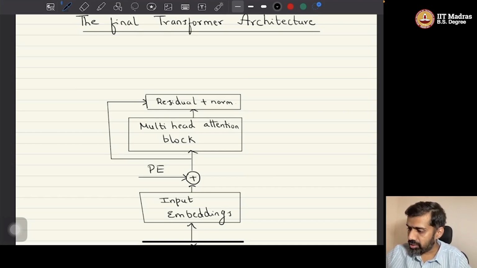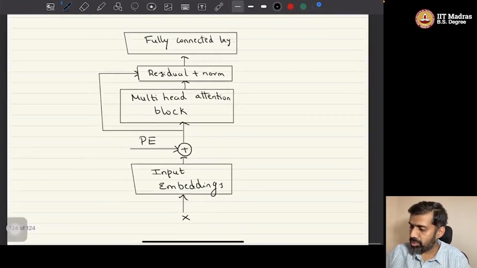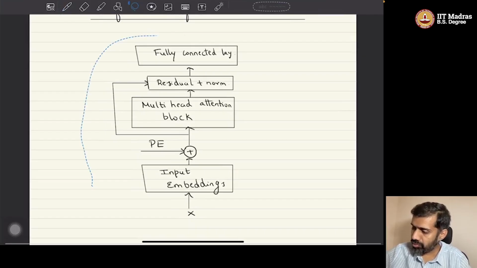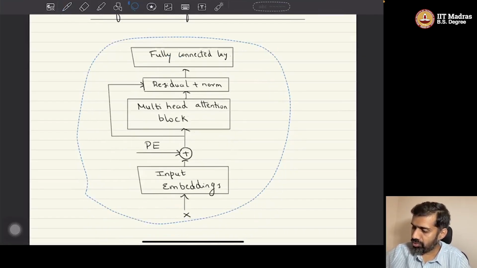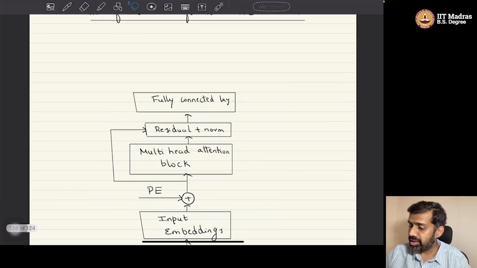Once this is done, we take the output of this and then have a fully connected layer here. Once that is done, we again have a residual.